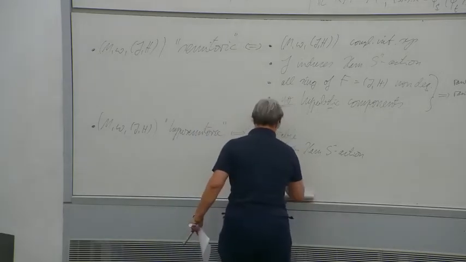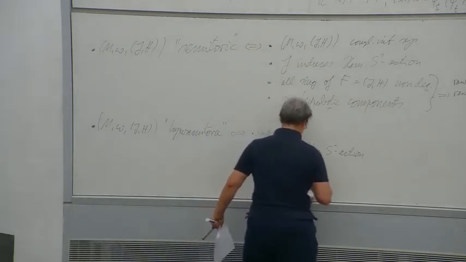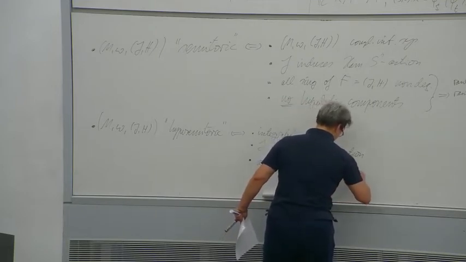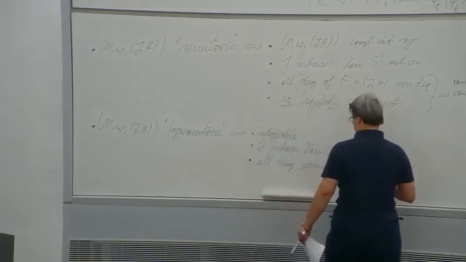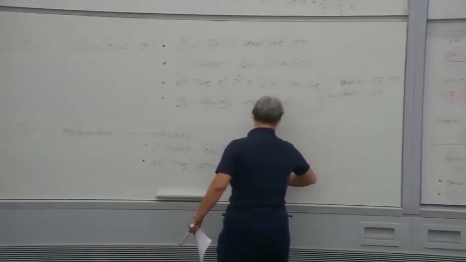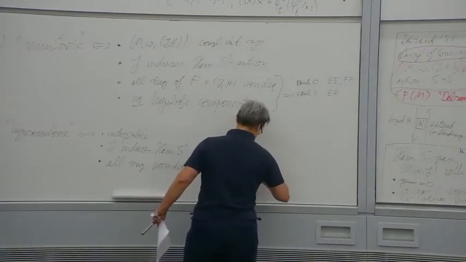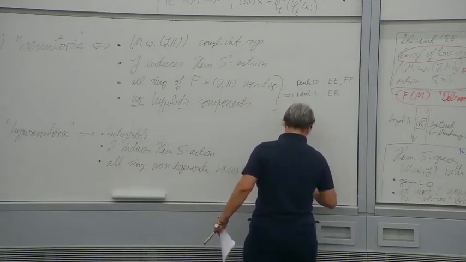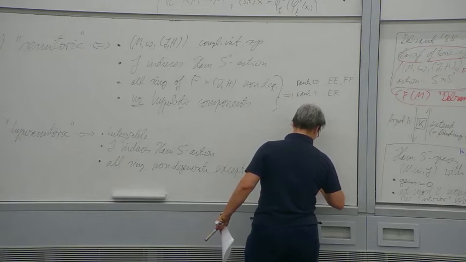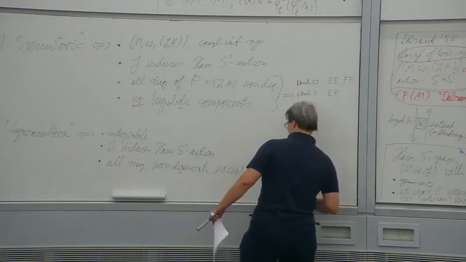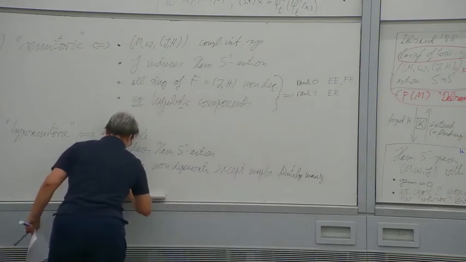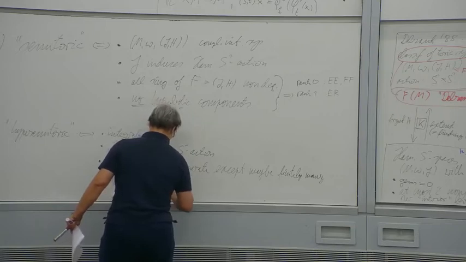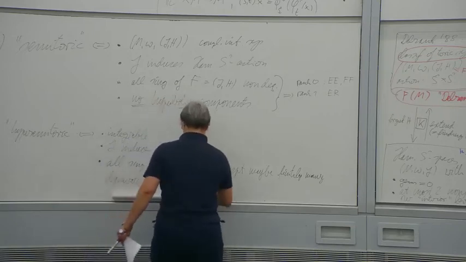Okay, let's put it like that: all singular points non-degenerate, except maybe finitely many degenerate ones of parabolic type.